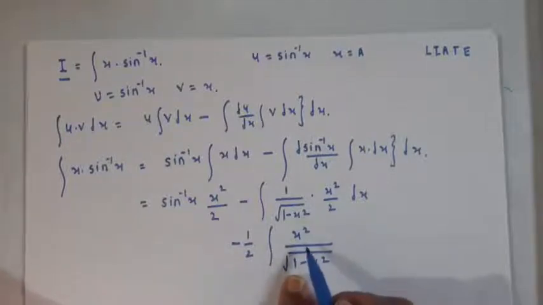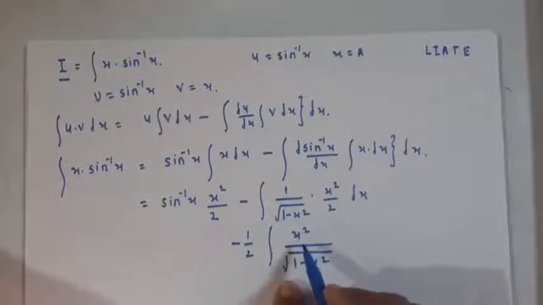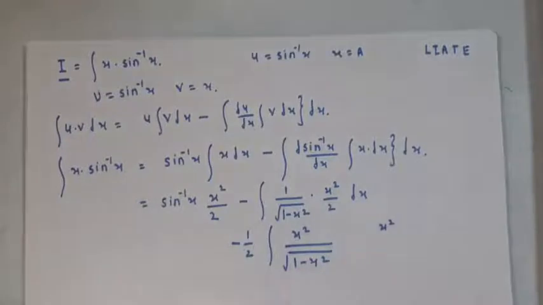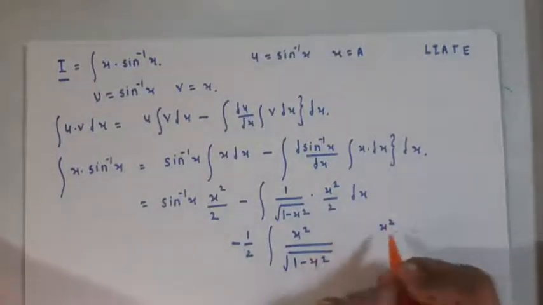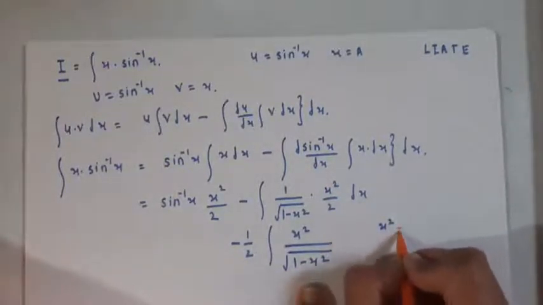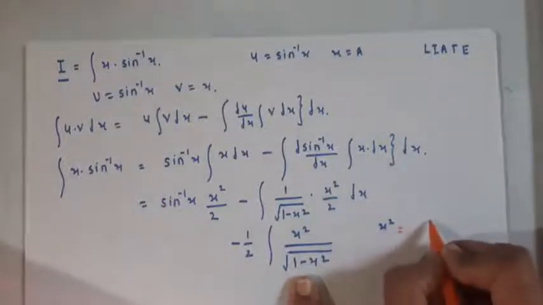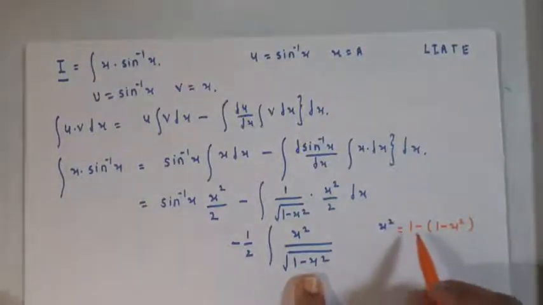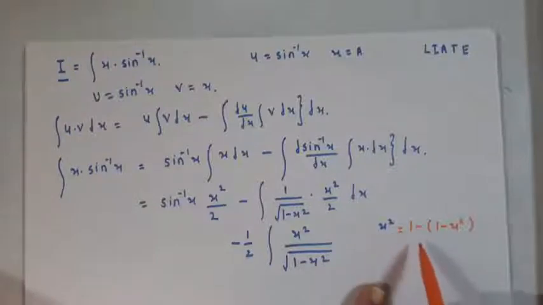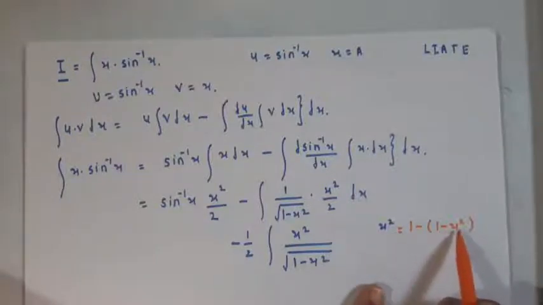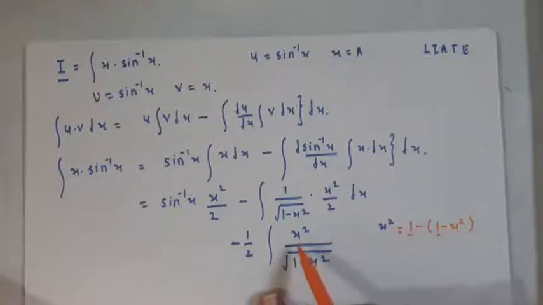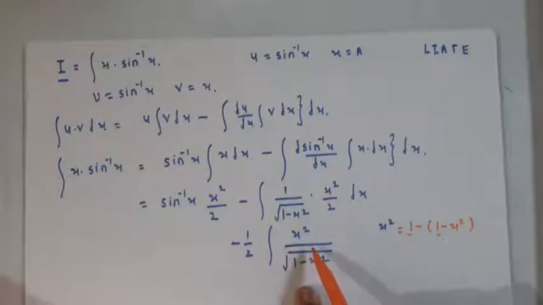Here x square is the term, so this x square we can write as 1 minus (1 minus x square). So plus 1 minus 1 get cancelled and minus minus x square. So that our term will be adjusted.